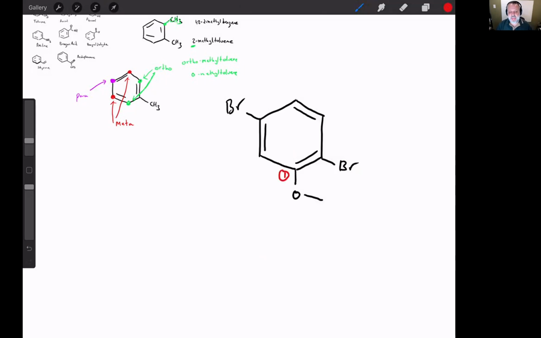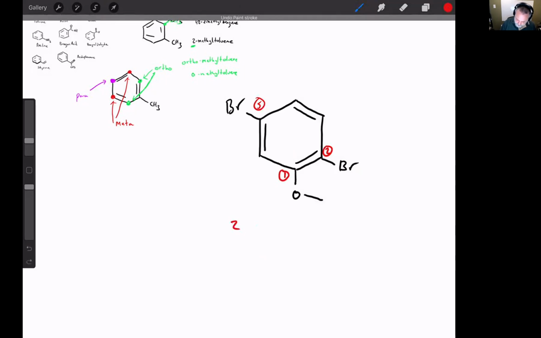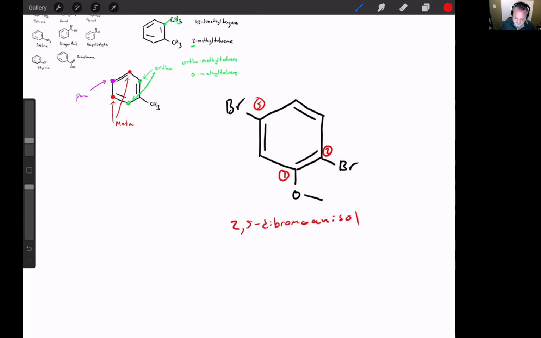And so since this is anisole, that oxygen connection is the first connection. And then we would number the ring in the way that gets us the lowest set of numbers. So this would be 2,5-dibromoanisole.